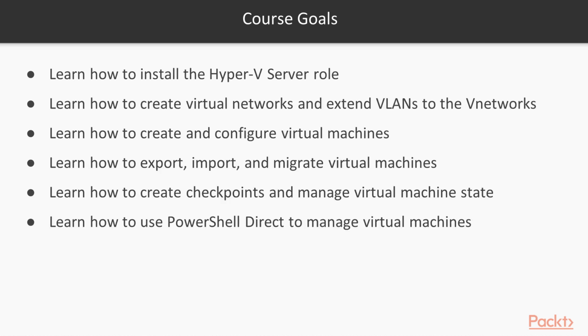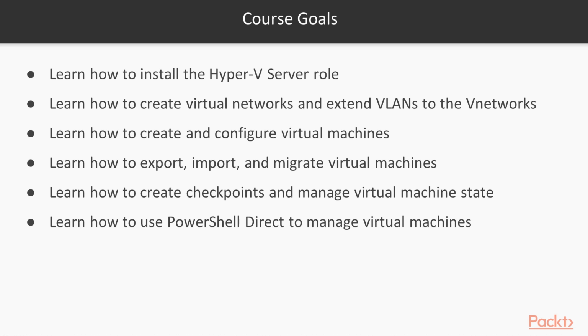The goals for this course are, first, to learn how to install the Hyper-V server role on a Windows Server 2019 server. Then, the second goal is to learn how to create the virtual networks needed to interconnect virtual machines and how to extend any existing VLANs to include virtual networks.